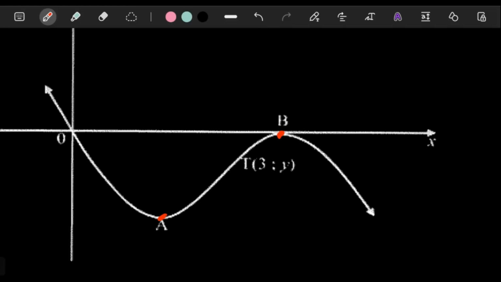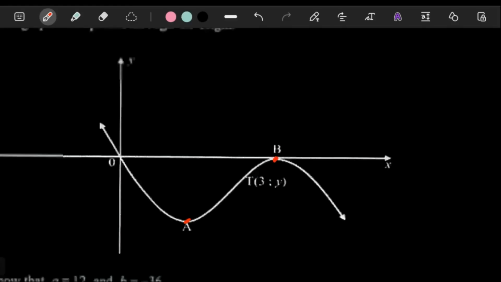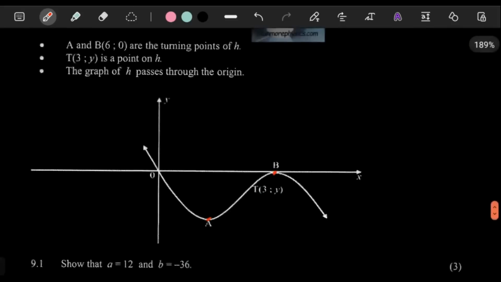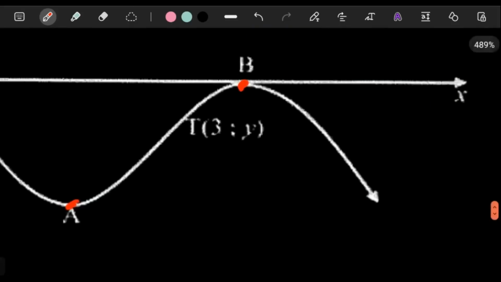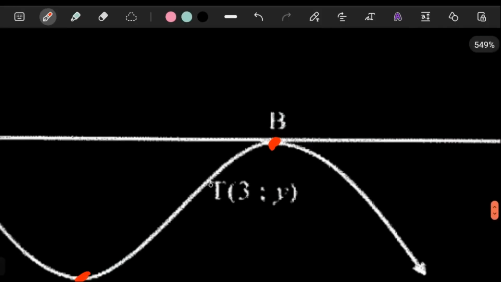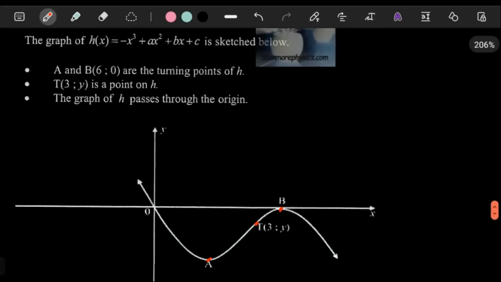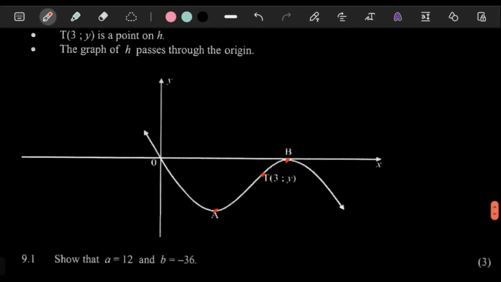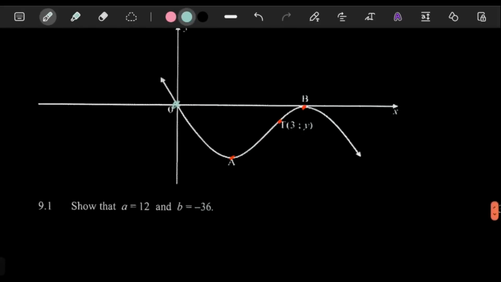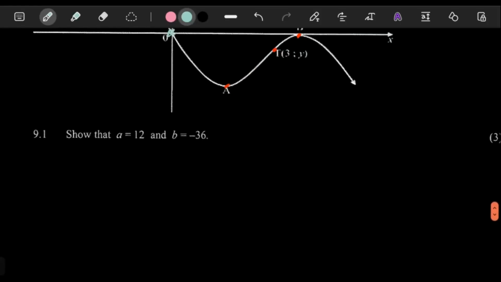We have to be careful. There's a point T here somewhere. And then it says the graph of h passes through the origin. This is also good because the origin is also one of the x-intercepts. So this question looks very nice, to be honest.